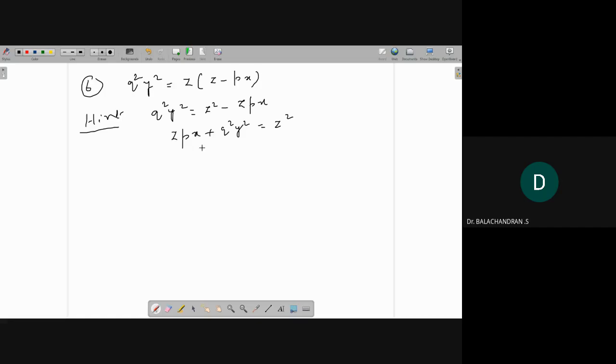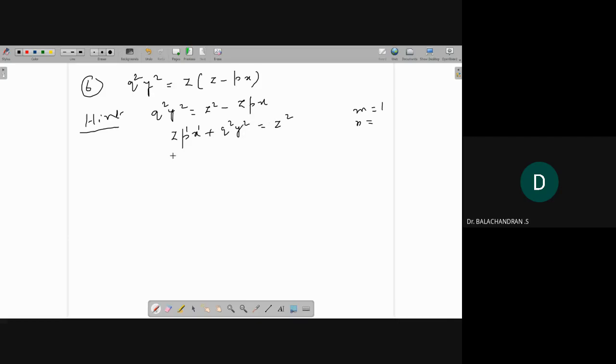Okay. Now here you have z square, so you can keep it as it is. So m value is 1 because p is there and x has power 1, and n value is 1.